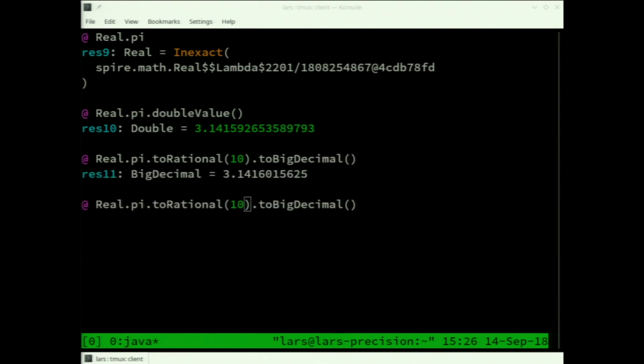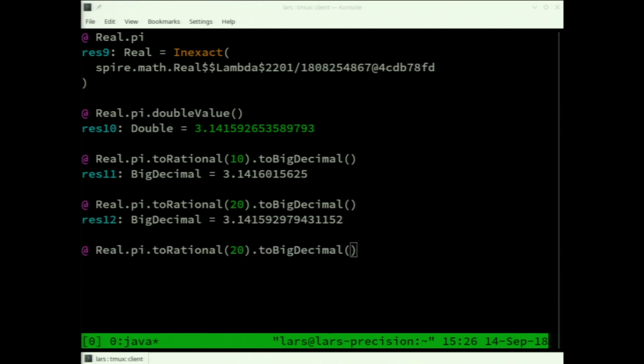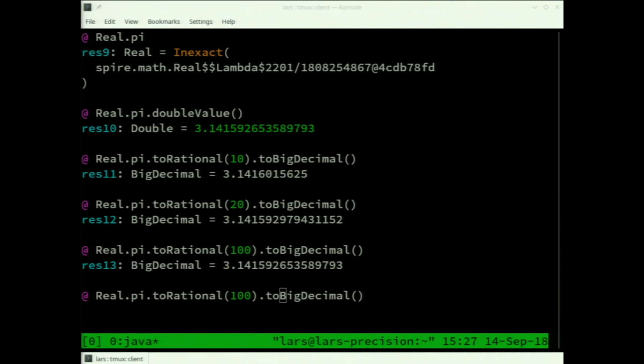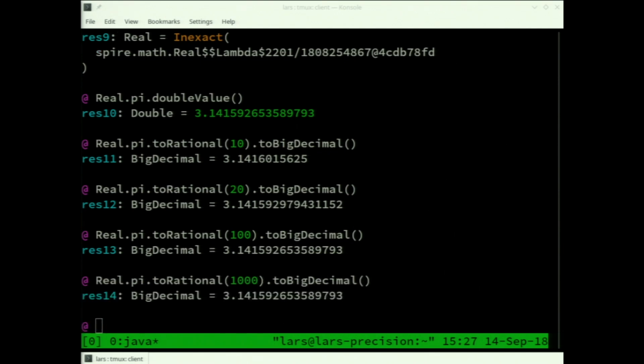That wasn't enough. Let's try 20. So this is it. I'm not sure what the precision number actually means. I think it's like bits or something, not digits. So maybe let's try 100. Try 1,000. I think this is probably a problem with printing of too big decimal, but you saw some changes, right?